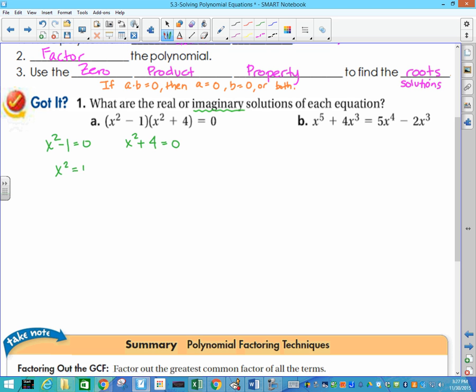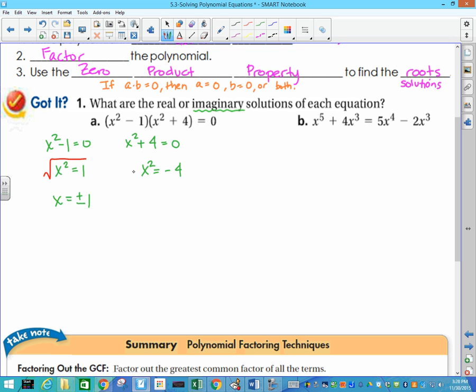x squared equals 1. I'm adding 1 to both sides. And then I'm going to take the square root of both sides. And when I do that, I always have to remember plus or minus. So that's plus or minus 1. And over here, again, no b term, so I'm going to take the 4 to the other side. That means negative 4.